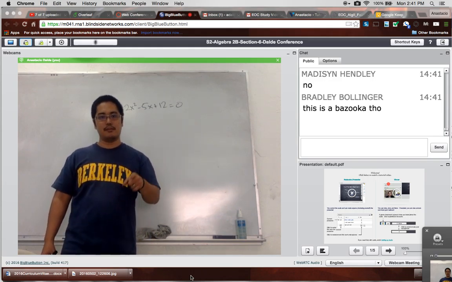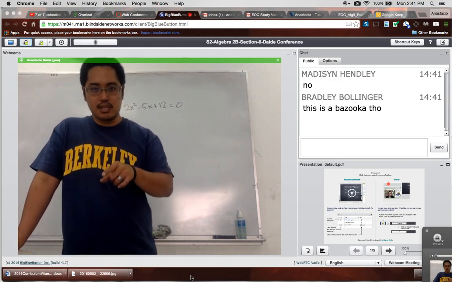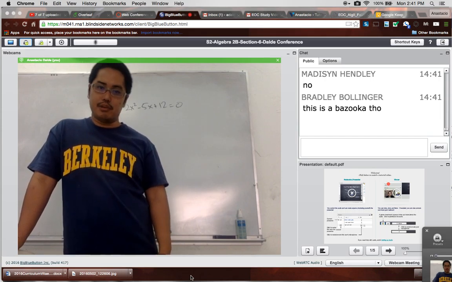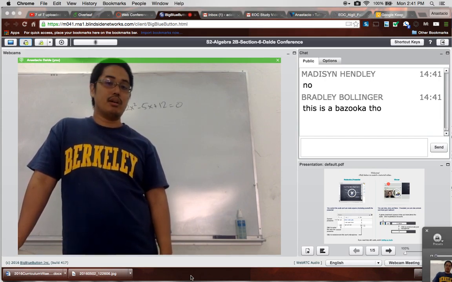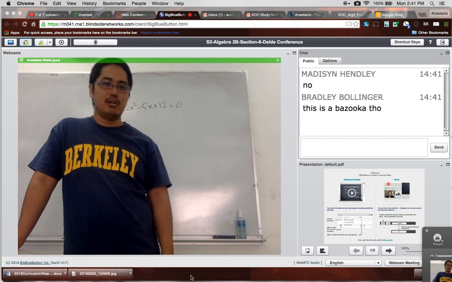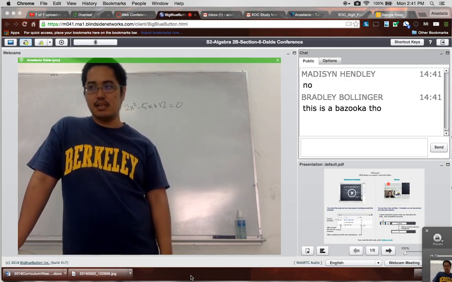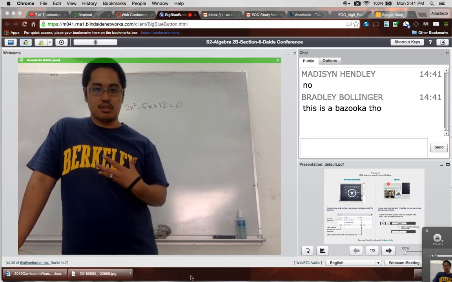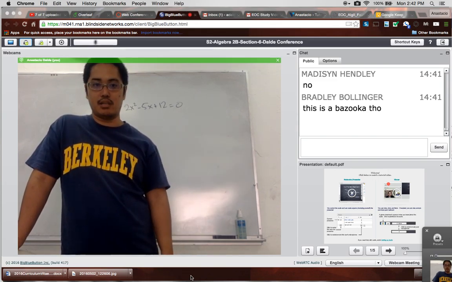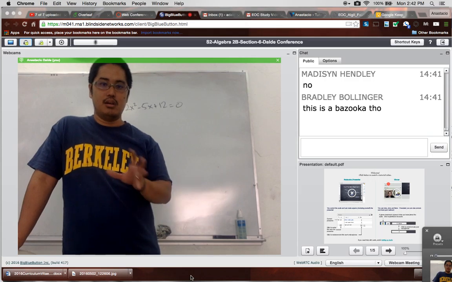Here's the other thing. The third technique is called complete the square. And complete the square is like the precursor to the bazooka. In fact, with the bazooka, the quadratic equation, what you're doing is completing the square real quick right off the bat. So I'm going to show you how to complete the square.